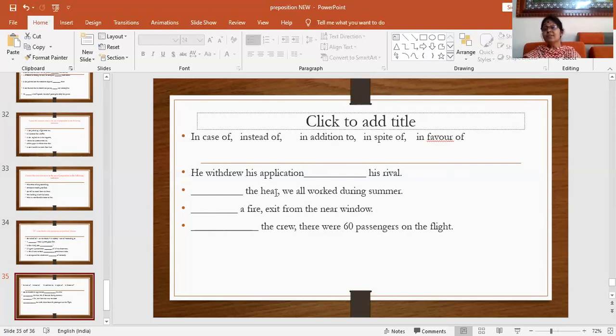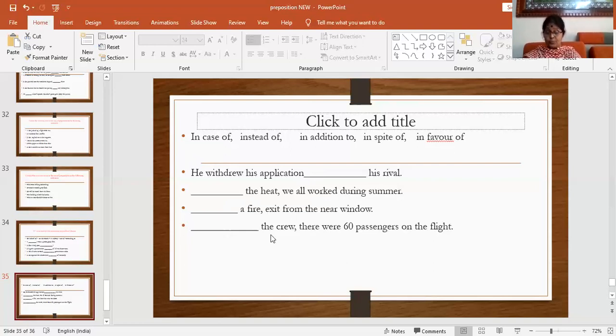In spite of the heat, we all worked during summer, right? Then dash a fire, exit from the near window. Now you have two words left. Which one will you use, in addition to or in case of? In case of a fire, exit from the near window.